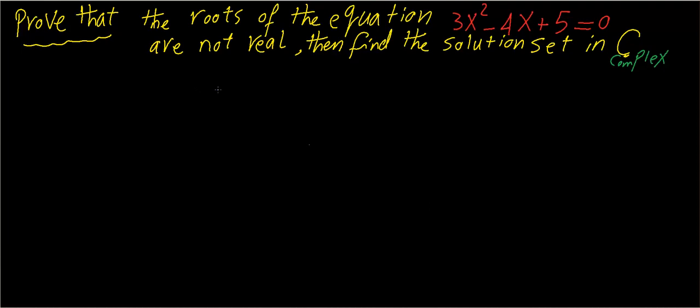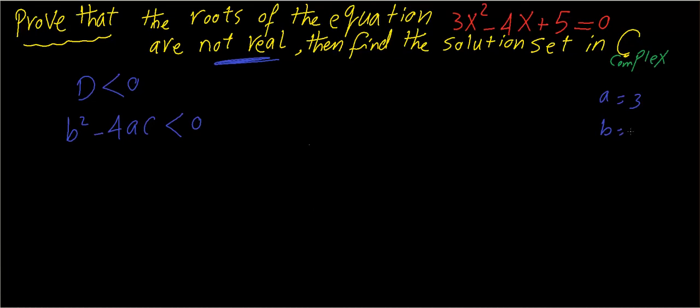Prove that the roots of the equation 3x² - 4x + 5 = 0 are not real. The roots are not real if the discriminant is smaller than 0, b² - 4ac < 0. That means there are no real roots. Here a equals 3, b equals -4, c equals 5.